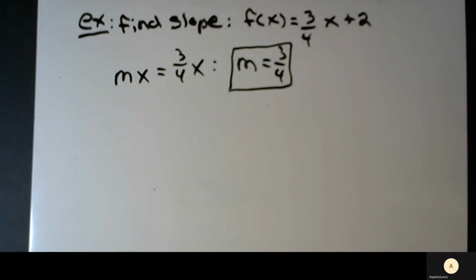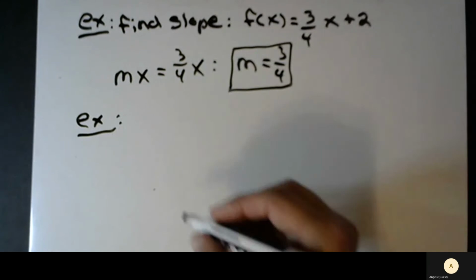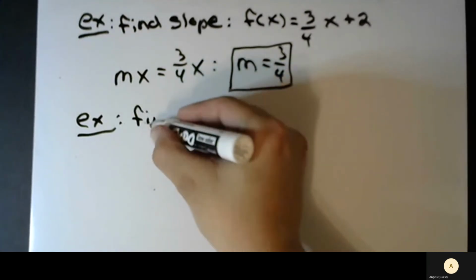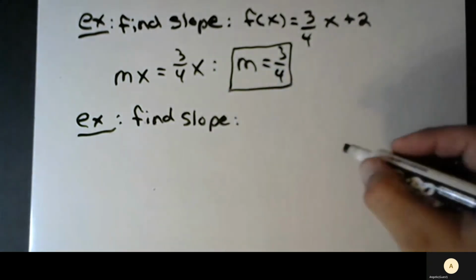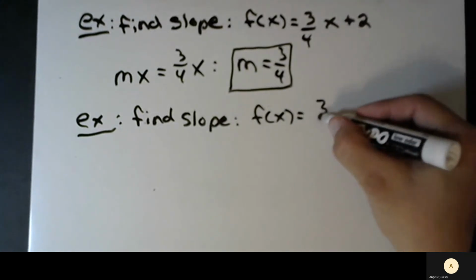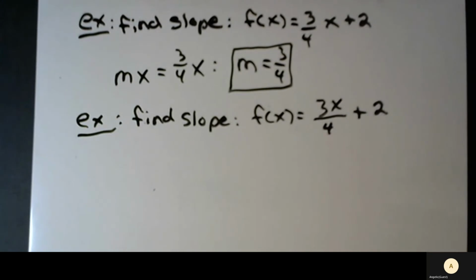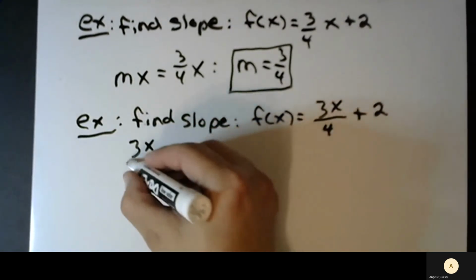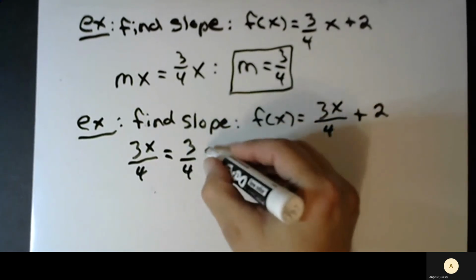Now, this is something you probably won't see in the homework, but just in case you do encounter it, if you see this, it can be rewritten as 3/4 x.